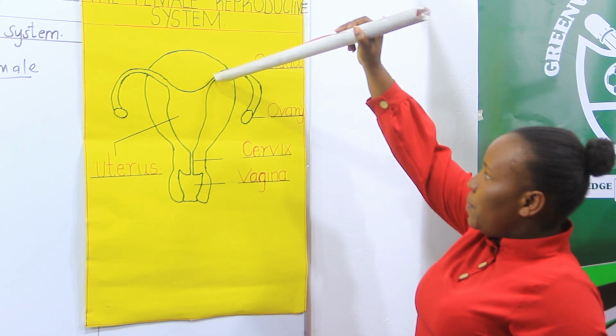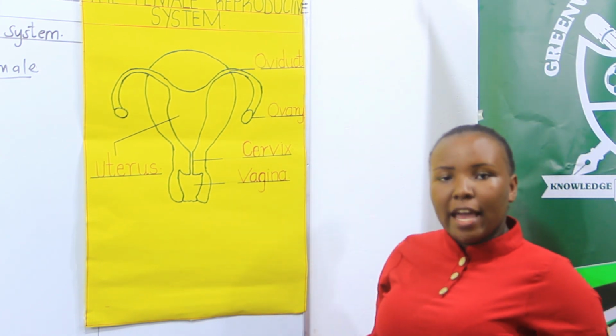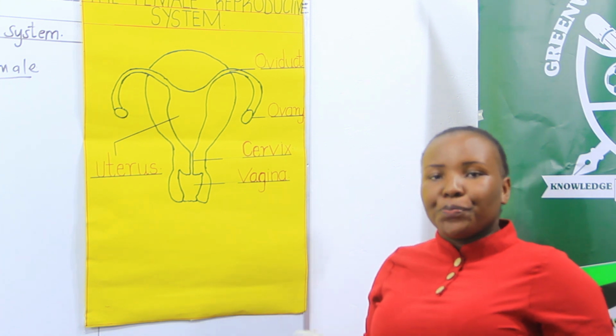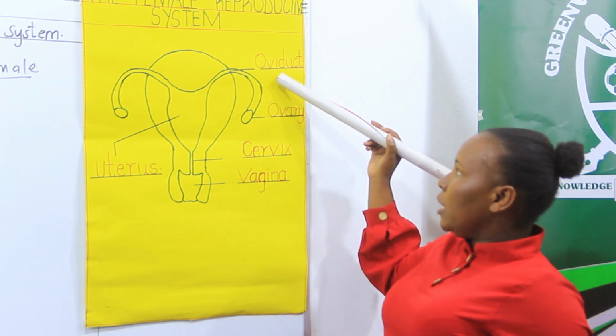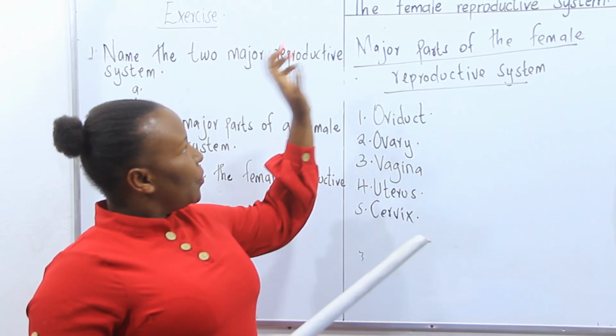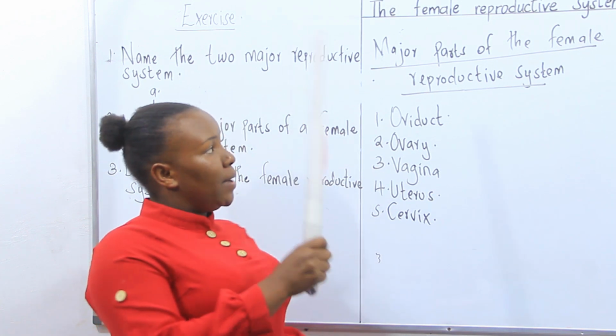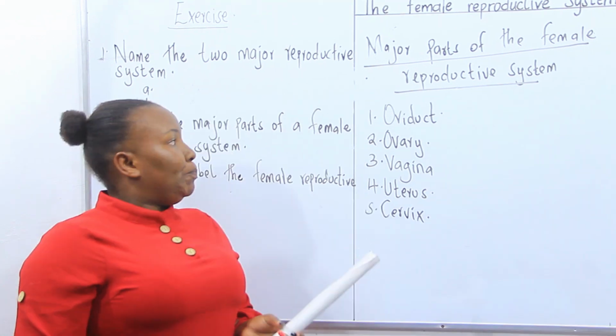Now, this part up to here, we have said we call it oviduct, and we can also call it fallopian tube. We have gone through the female reproductive system. We have outlined the major parts of the female reproductive system.